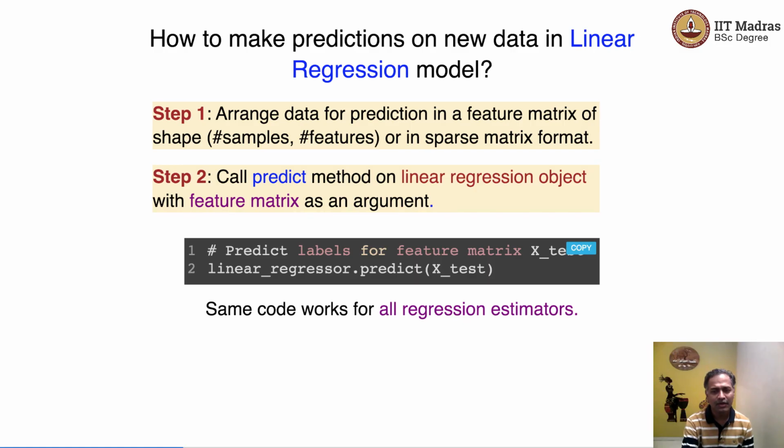Later, we looked at how to inspect the model by accessing the weight vector through the coefficient and intercept member variables of the linear regression object. Finally, we looked at how to make predictions on new data. So this gives you a set of tools for solving linear regression problems. In the next video, we will study how to evaluate a linear regression model trained through one of these estimators.